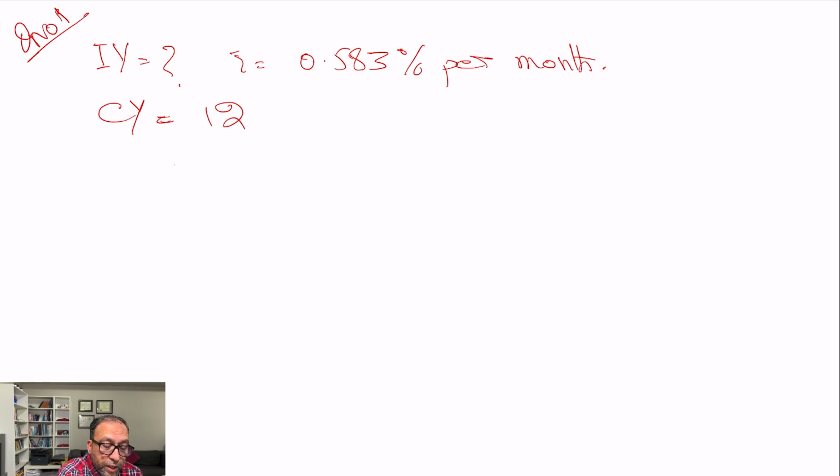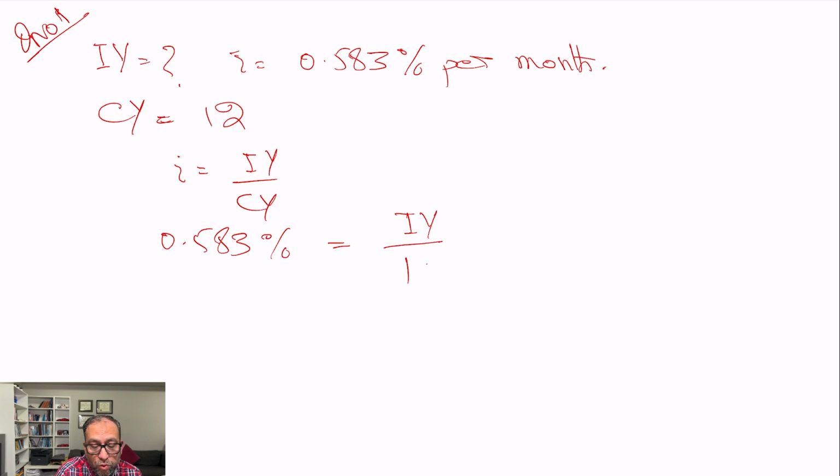So the formula is saying I is equal to IY over CY. So 0.583% is equal to IY, which we want to calculate, over CY, which is 12. So IY, if you multiply this 0.583 with 12, we get 7% compounded monthly.